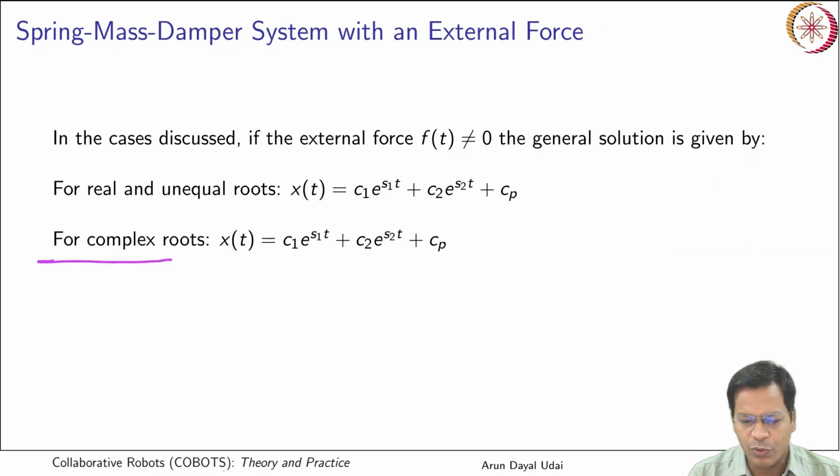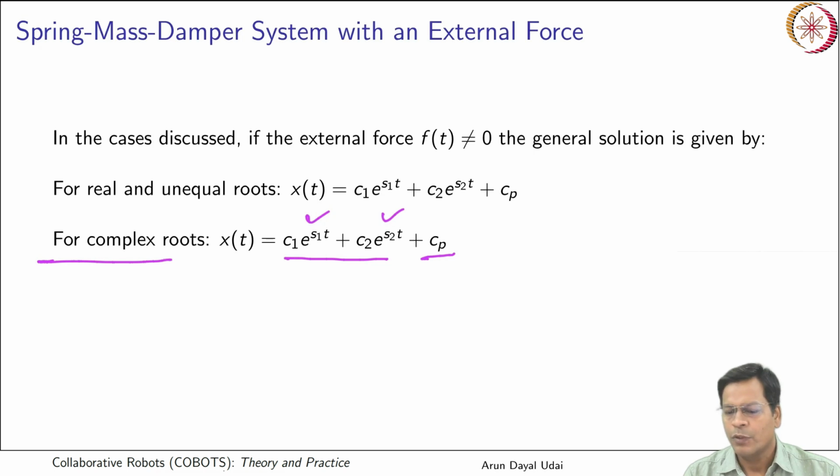Similarly, for complex roots, you should see a similar equation with Cp coming here. Again the same parameters are required to find these constants, S1 and S2 being the roots of the characteristic equation. Your system's characteristic equation remains the same, so that is not affected by the external force.